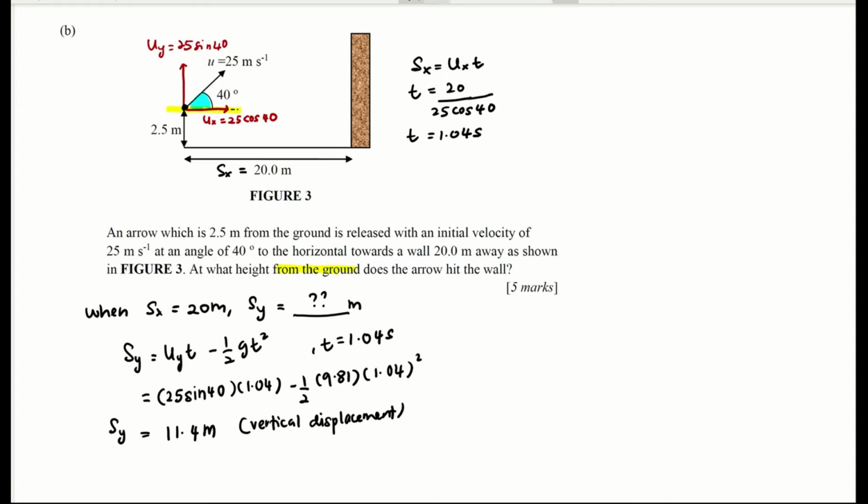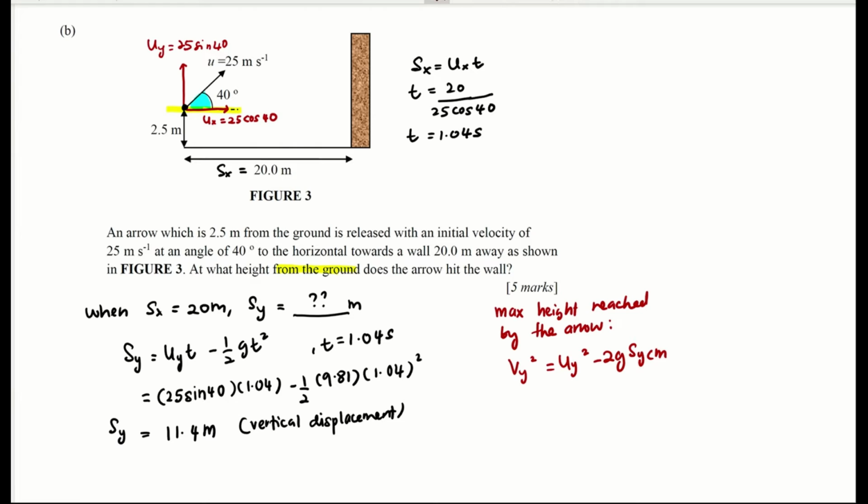Kalau saya nak kira the maximum height, let's say lah I want to calculate the maximum height, okay, that reached by the arrow. So saya akan kira SY, so saya akan guna VY squared, alright, equal to UY squared minus 2G SY.